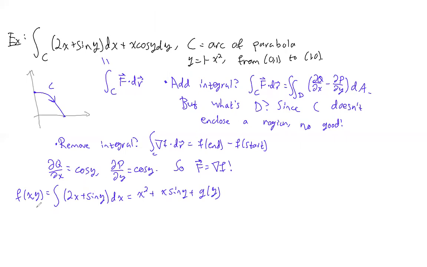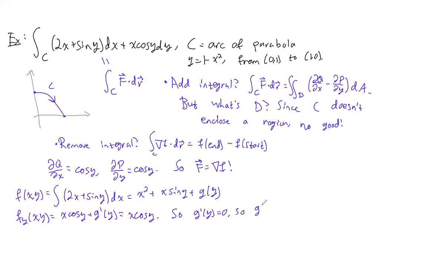Don't know what g is, but we'll find out soon enough. f sub y, meanwhile, would become x cosine y plus g prime of y. And we know, because we know what the vector field F is, that that's just x cosine y. So g prime of y is 0.